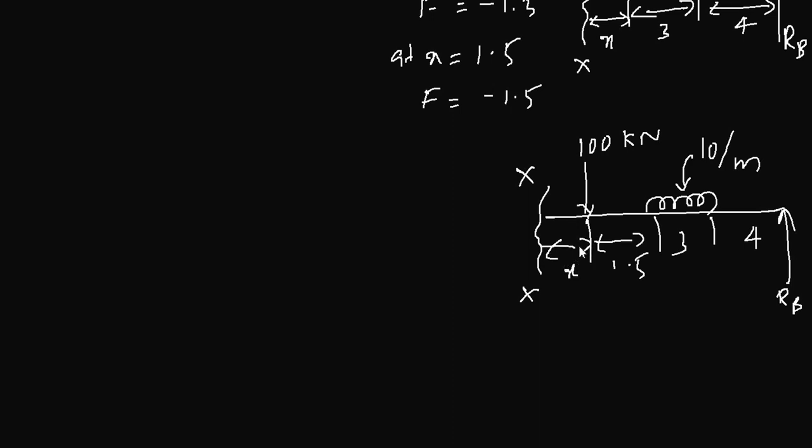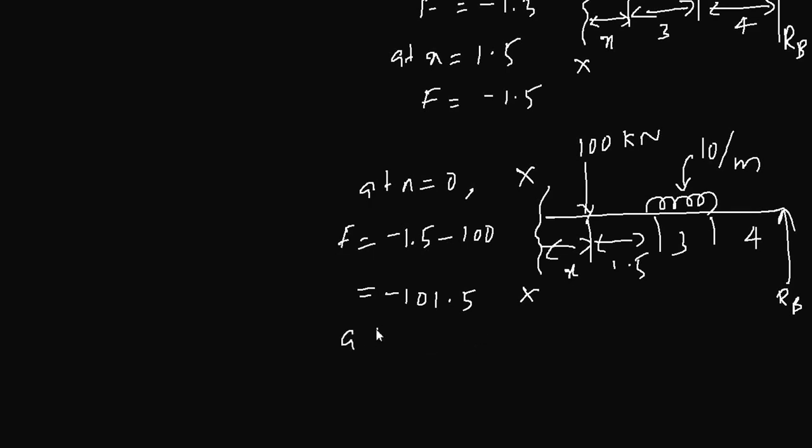Now here you have 1.5 just before the 100 kilonewton is acting. So in this case, at x equal to 0, you have force is 100 kilonewton acting downward in the same direction of the previous force. So minus 1.5 minus 100, which is minus 101.5.